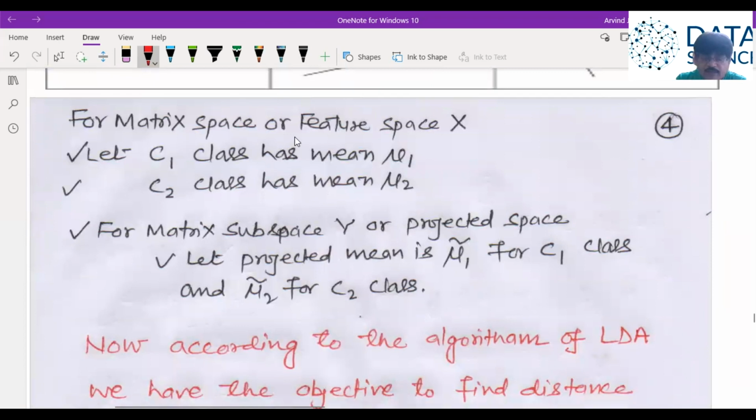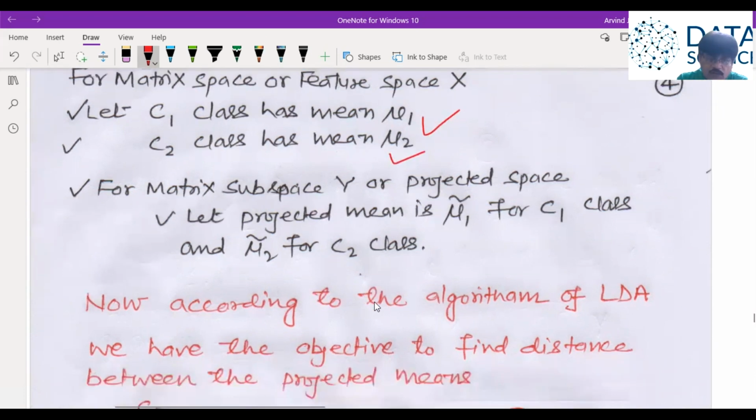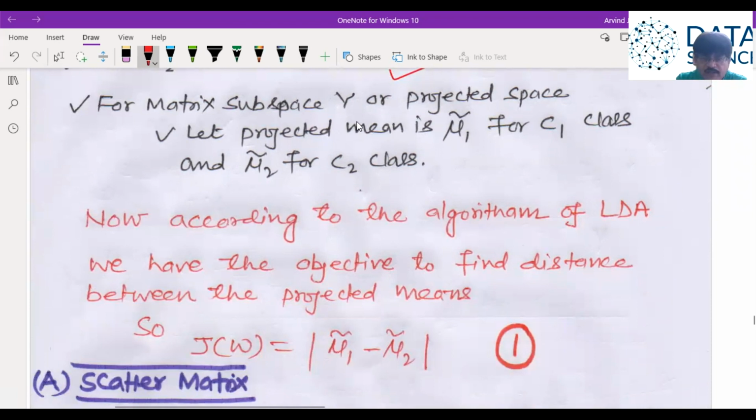So for matrix space or feature space X, let the C1 class have mean mu1, as I have told you earlier, and the C2 class have mean mu2. Now, for matrix subspace Y or projected space, let projected mean mu1 be for the C1 class and projected mu2 for the C2 class.